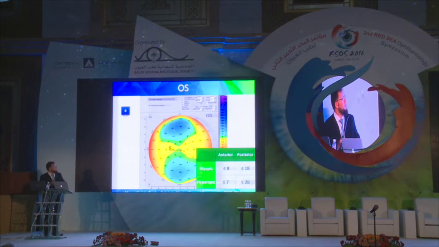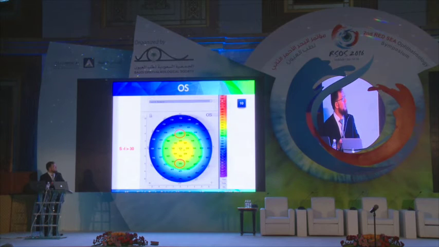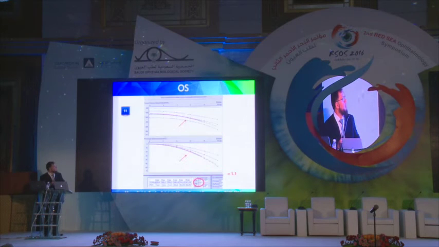This is the posterior surface, also it is okay, and toric ellipsoid is okay. This is concentric, but the difference is above 30. The slope is normal, but the average is high, 1.2.